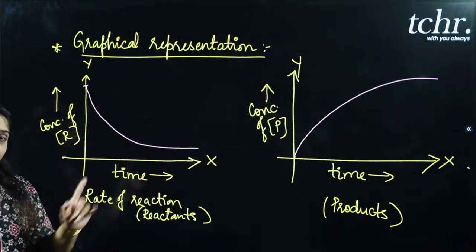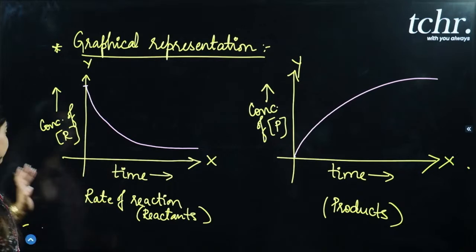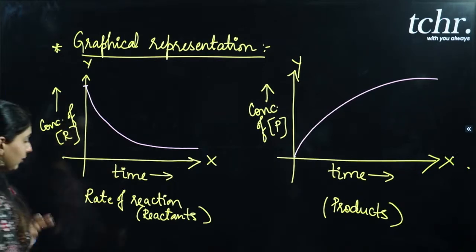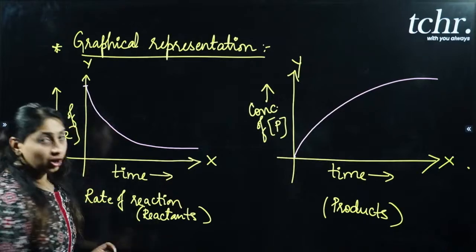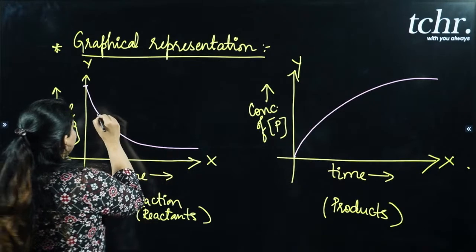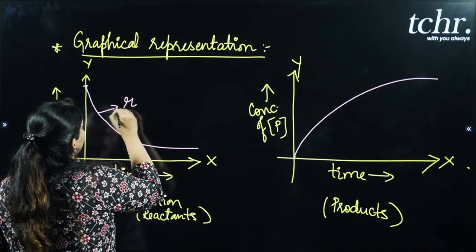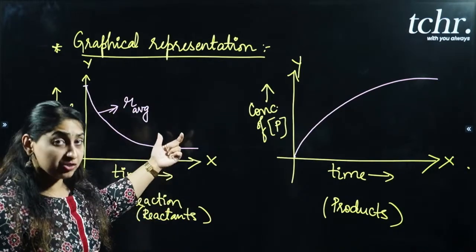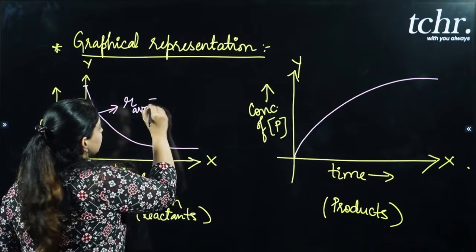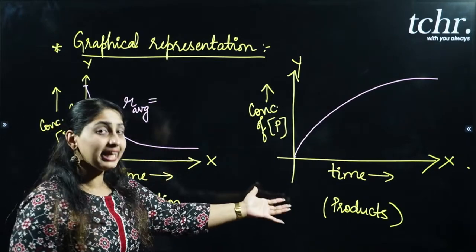So this plot that we have drawn is basically for our average, that is, we call it the average rate of the reaction. Just now we wrote the expression for this.